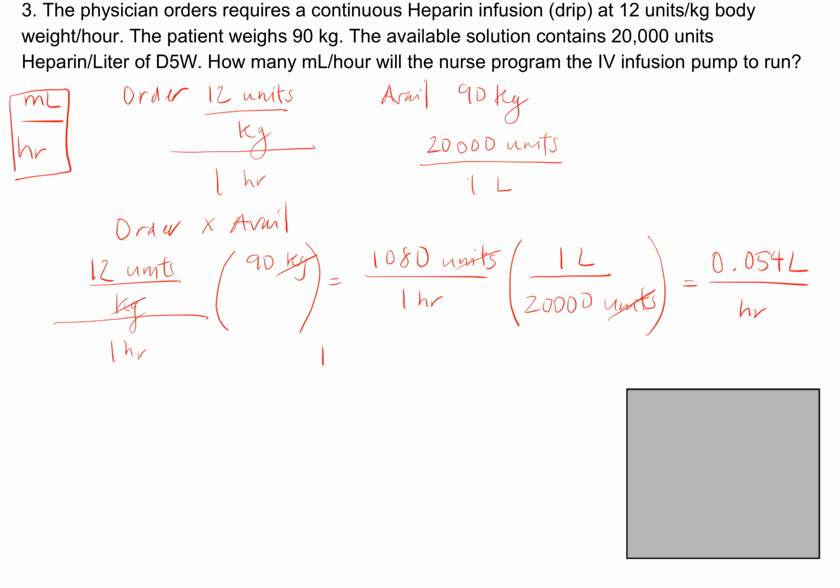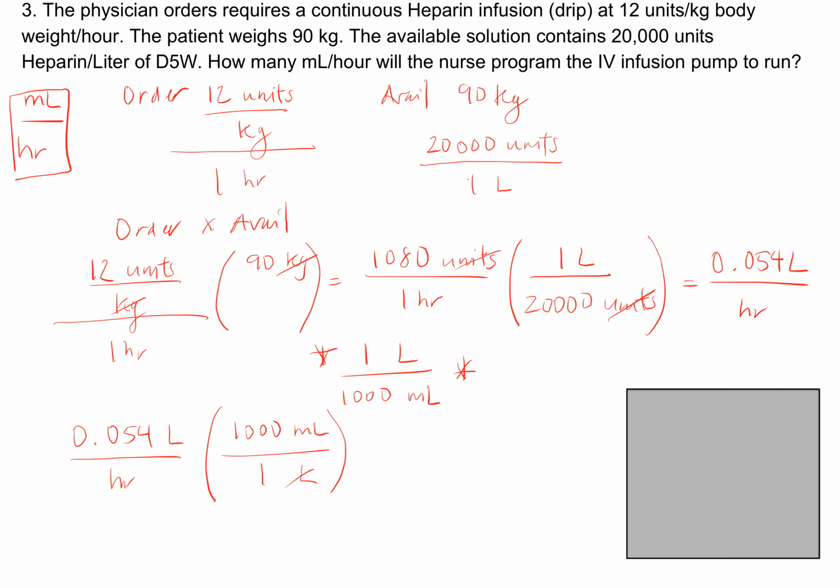And you have to know this conversion: in 1 liter, there's 1,000 mLs. So knowing that, take your 0.054 liters per hour. You want to cancel out the units of liters and keep 1,000 mLs in the numerator, and you get 54 mLs per hour as your final answer for number 3. 54 mLs per hour.